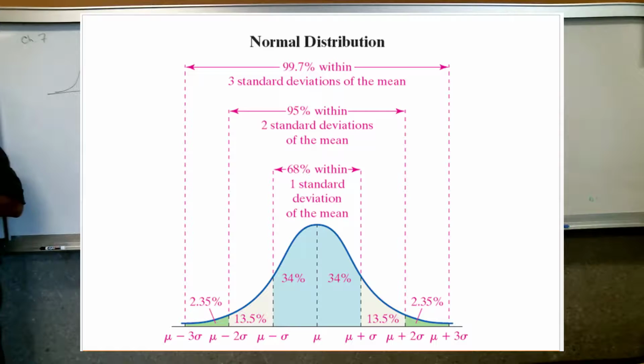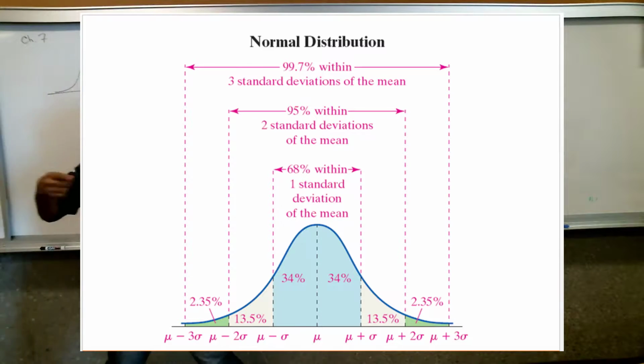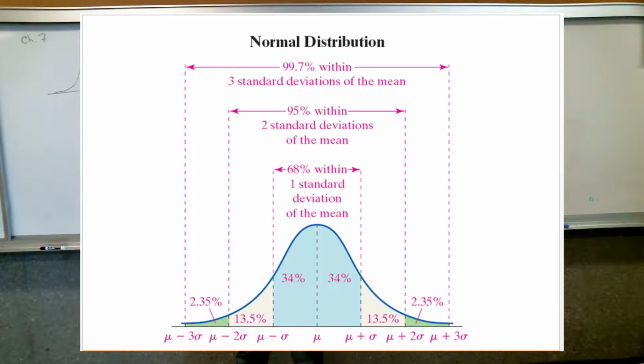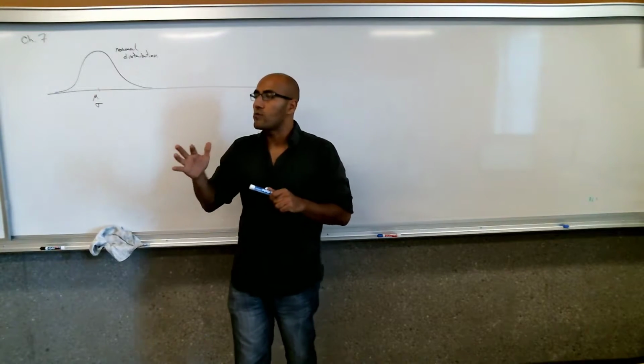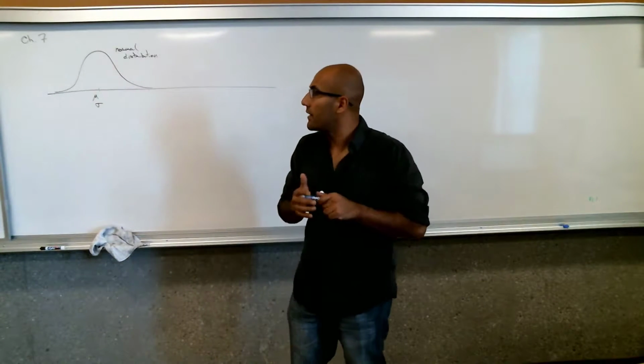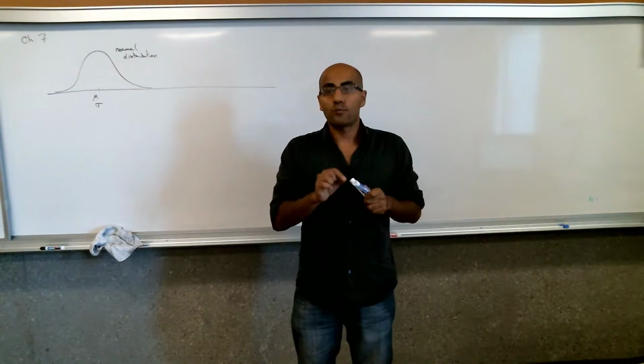We also know from the empirical rule back in chapter 3 that within one standard deviation of the mean, we find about 68% of the data, and within 2 standard deviations, we find about 95% of the data, and within 3 standard deviations, we find about 99.7% of the data. Okay, so that's kind of useful when we want to do a rule of thumb guideline, but in this chapter, we want to get more precise.